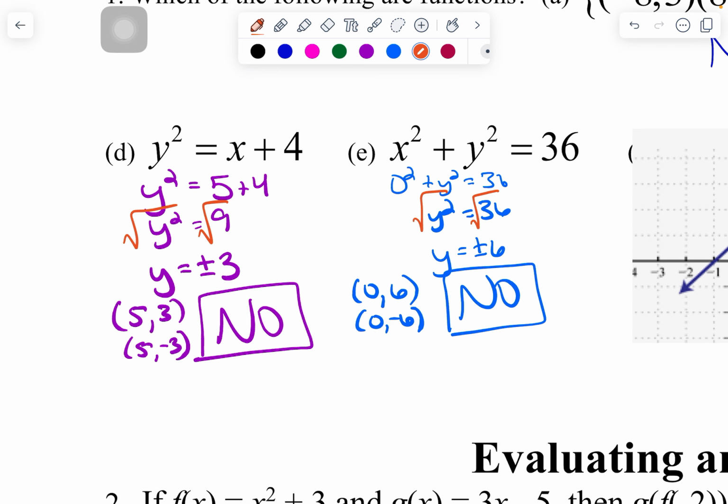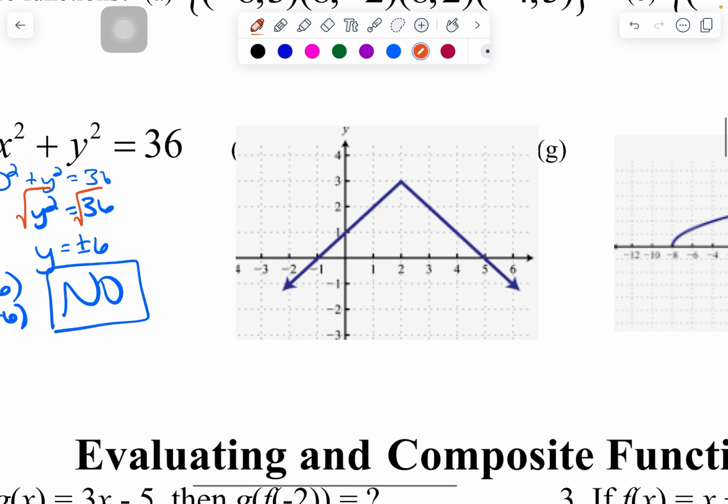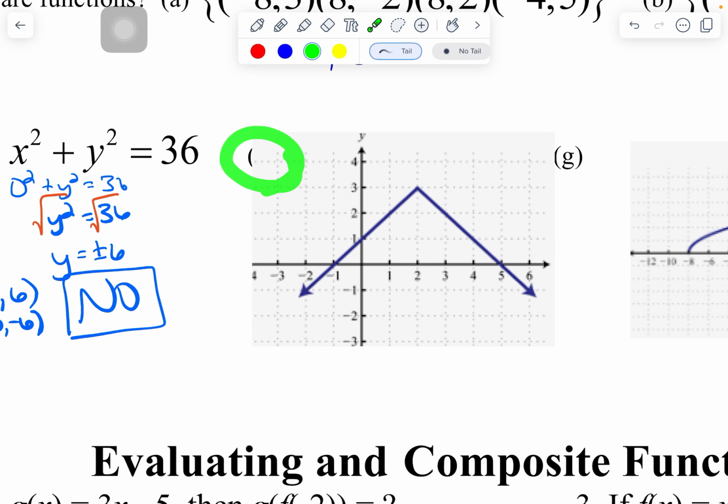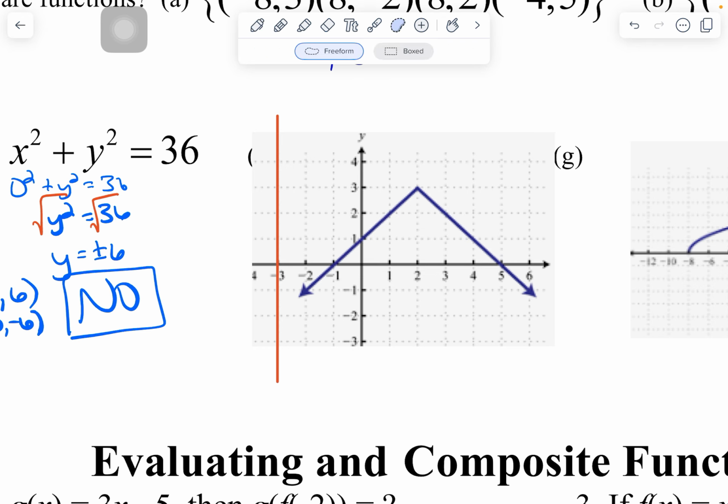All right, moving on to our pretty little picture here. If you don't know part, what would that be? F, I guess. The letter's cut off in the corner here. This V-shaped graph is an absolute value graph. And regardless of whether you know that or not, what you're going to do is test it using the vertical line test. So draw yourself a vertical line. The program I'm using, I love this because it allows me to draw that line and then to move the line.